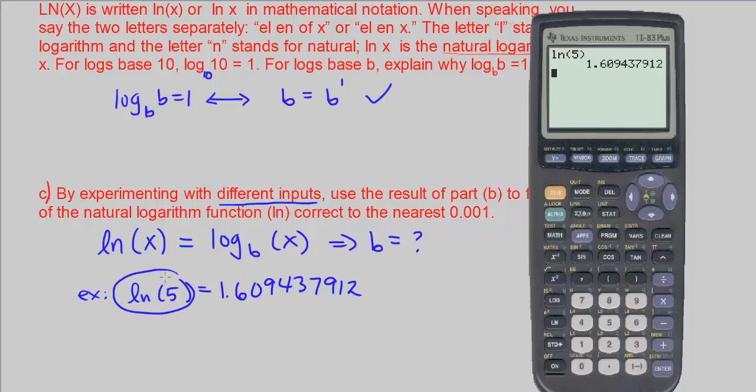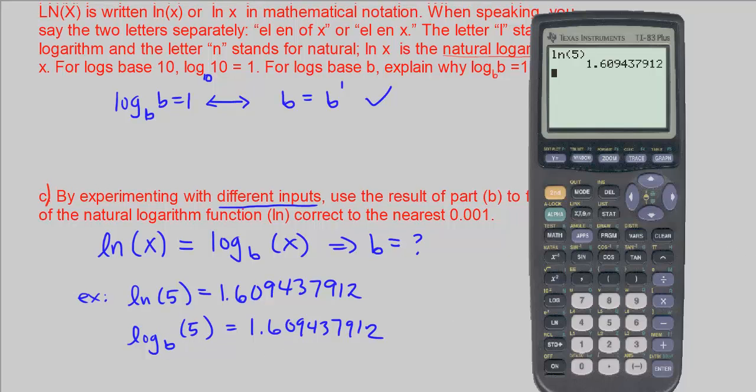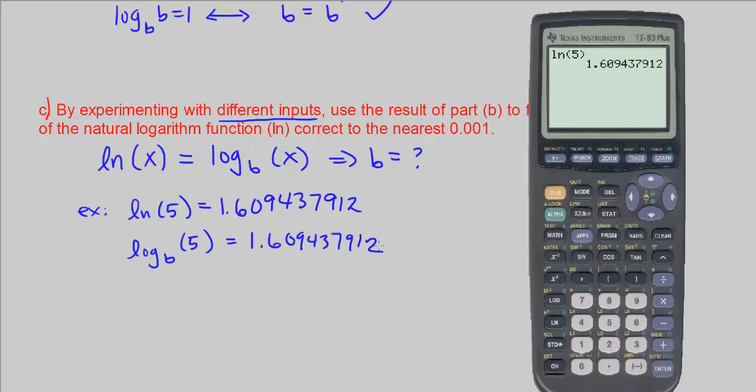Okay, and how would we write this in exponential form? Well, remember, ln is some log base b, right? We don't know the base yet. We're trying to figure that out. And so we could rewrite this as 1.609437912. We could write it like this. Since we know ln is a log, we just can write it like this. And this we can go ahead and rewrite in exponential form, right?